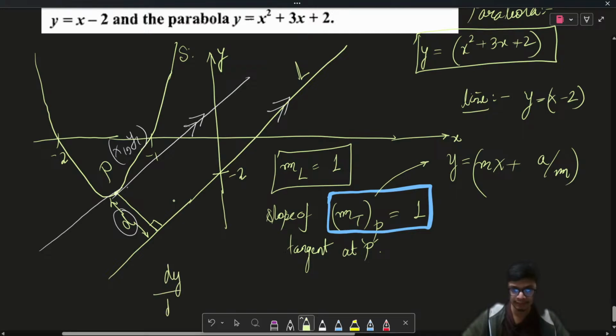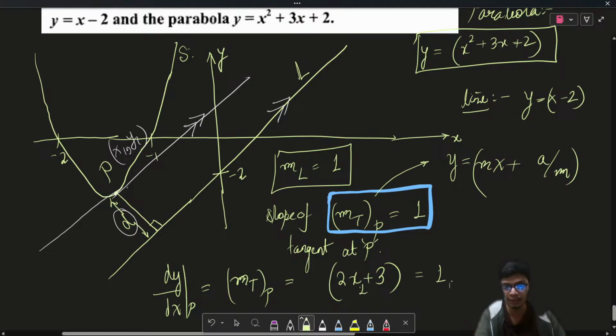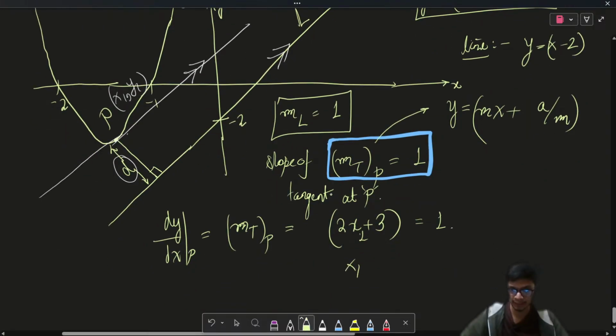So dy/dx at this point P will be the slope of the tangent at point P, and if I differentiate this expression, it will be equal to 2x plus 3. Since P is (x1, y1), it is 2x1 plus 3, and that is equal to 1, right? So from here I can easily obtain x1, which will turn out to be minus 1, and if I put x1 equal to minus 1, my y will turn out to be 0, right?